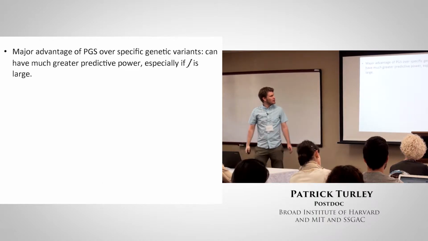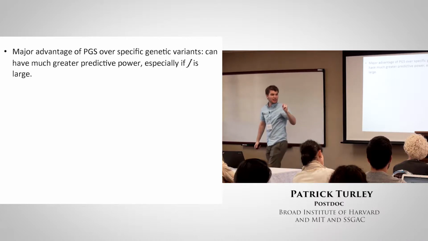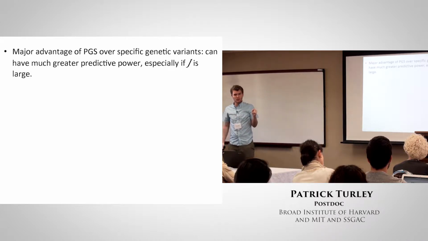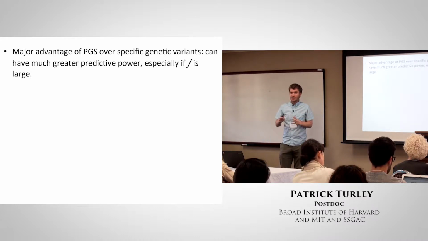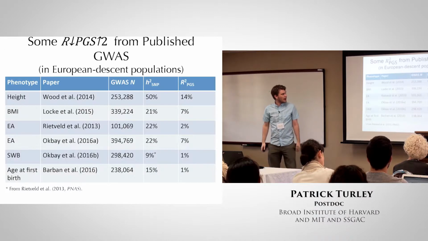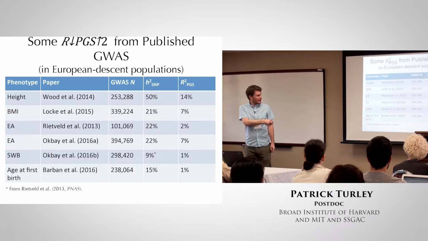Okay. So one of the reasons that we really like these polygenic scores is because it's combining information across a bunch of different SNPs. We're going to have a lot more power for these polygenic scores than we would for just one SNP at a time. And so here's the same table that I showed you before, but I've added this column showing you what the predictive power of the polygenic score is based on this sample.